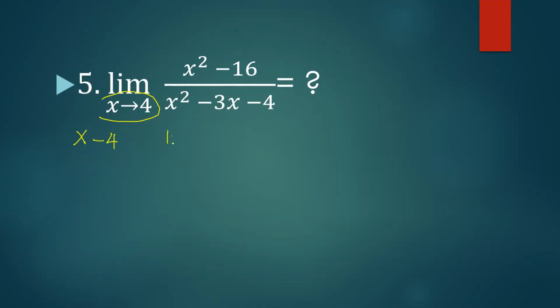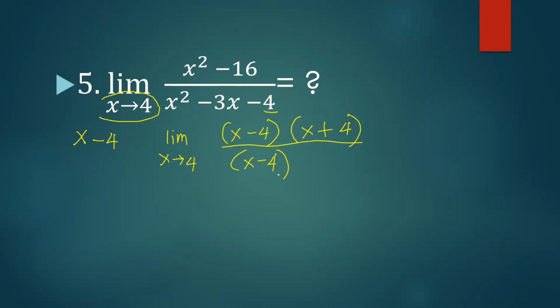So, we have the limit as x approaches 4 of x minus 4, lagay na natin si x minus 4, the expected factor to cancel out, times x plus 4. Tapos the other factor, negative 4 over negative 4 is positive 1. So this should have been x plus 1. Okay, so magka-cancel yung x minus 4 as expected.